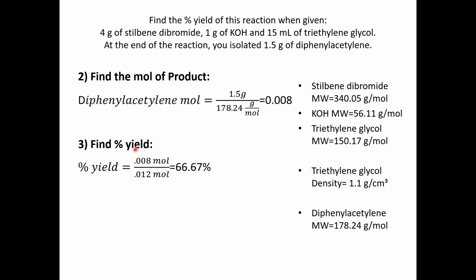Again, for percent yield, it's what we received over what we had, times 100 for the percentage. So 0.008 divided by 0.012 times 100 would give you 66.67%. And that's how you would calculate the percent yield of this reaction.